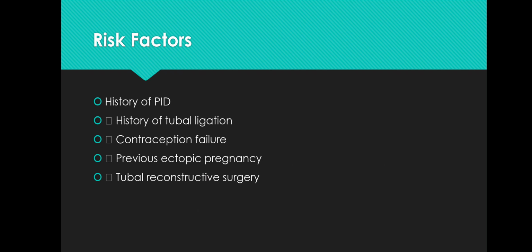Now, the cause is actually not well established. However, there are risk factors, predisposing factors that increase the chance of one developing ectopic pregnancy. History of PID, pelvic inflammatory disease, because these diseases may affect the fallopian tubes and the uterus, damaging the integrity of the lining of the fallopian tube as well as the uterus.